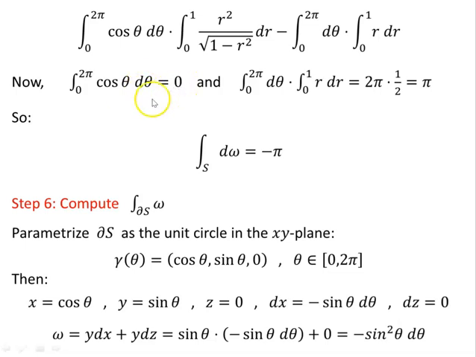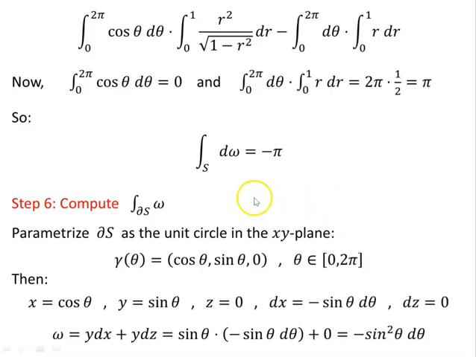If you look at the limits, when you evaluate between 0 and 2 pi you get 0, because this becomes sine, and sine of 0 is 0, sine of 2 pi is 0. Here, the integral from 0 to 2 pi of d theta times the integral of that gives you 2 pi, and this gives you r squared over 2, so we get a half. And that is equal to pi, so the integral of d omega is minus pi.